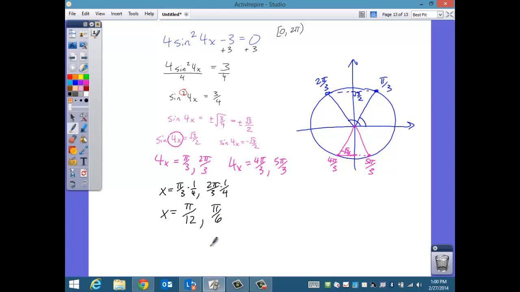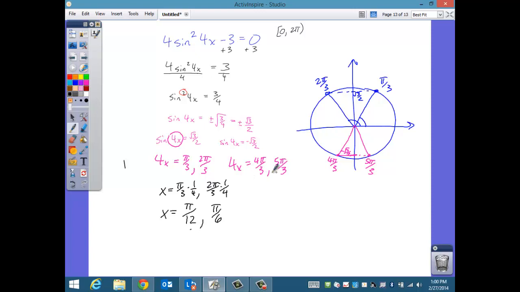These are actual solutions to the equation. You can try them out. You can put them right back in. Try it: multiply by 4, take the sine, square it, multiply by 4, subtract 3, you'll get 0. I know that's a lot of work, but you can be sure of yourself that way.